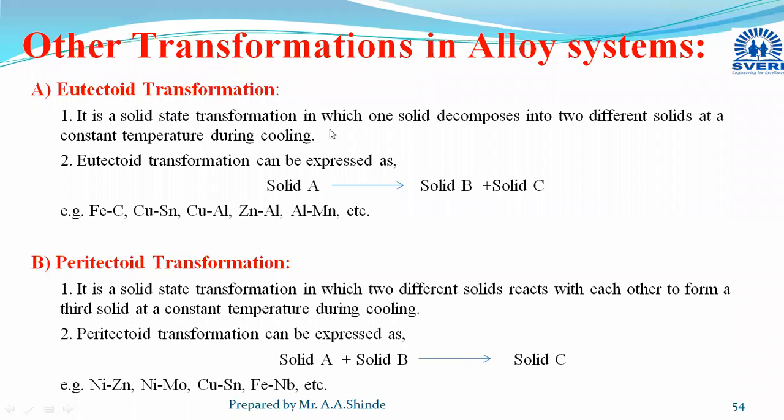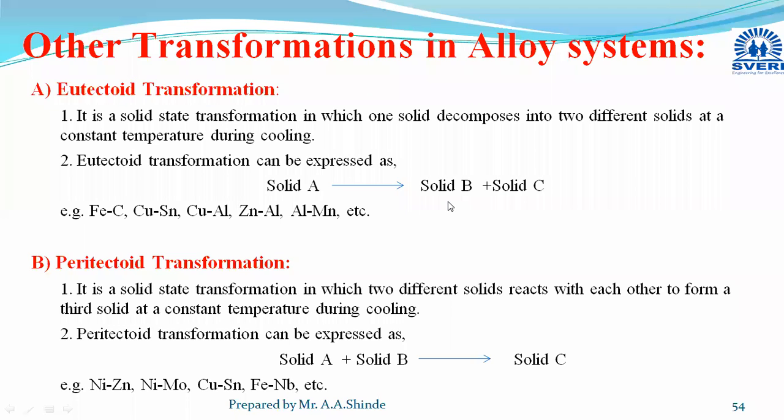It is a solid state transformation in which one solid decomposes into two different solids at a constant temperature during cooling. Okay, this solid A decomposes at a constant temperature, and it gives a mixture of two different solids, that is solid B and solid C.